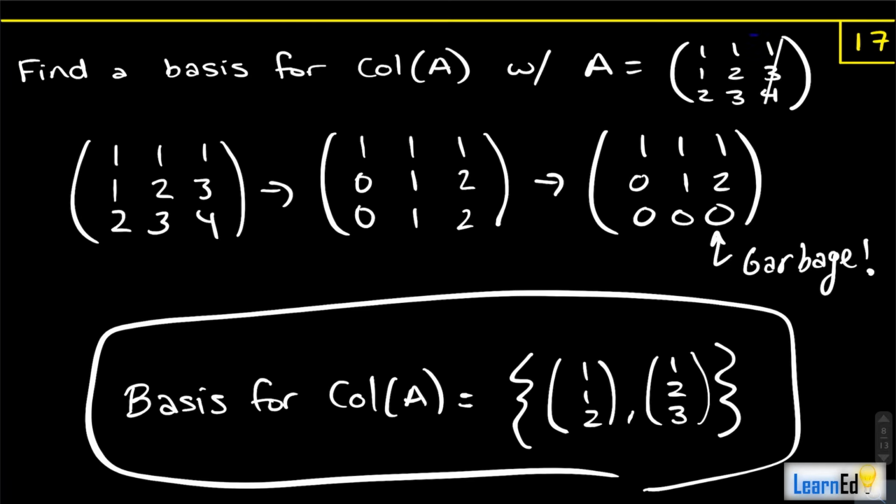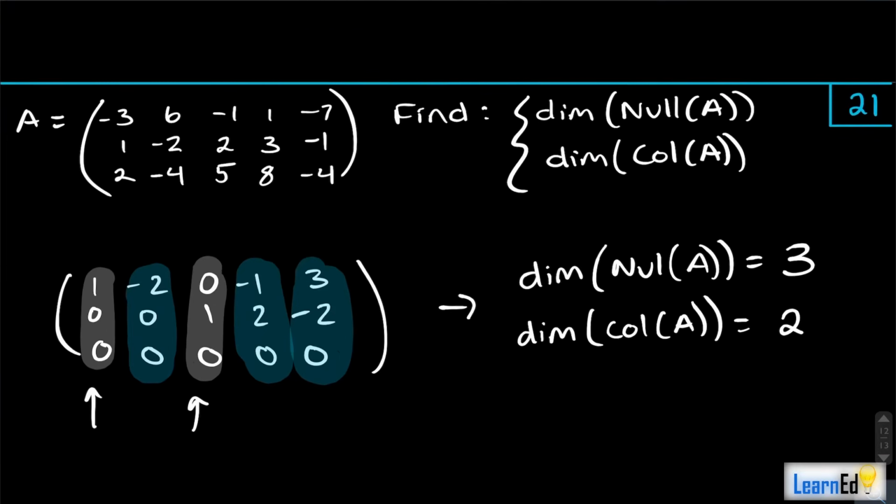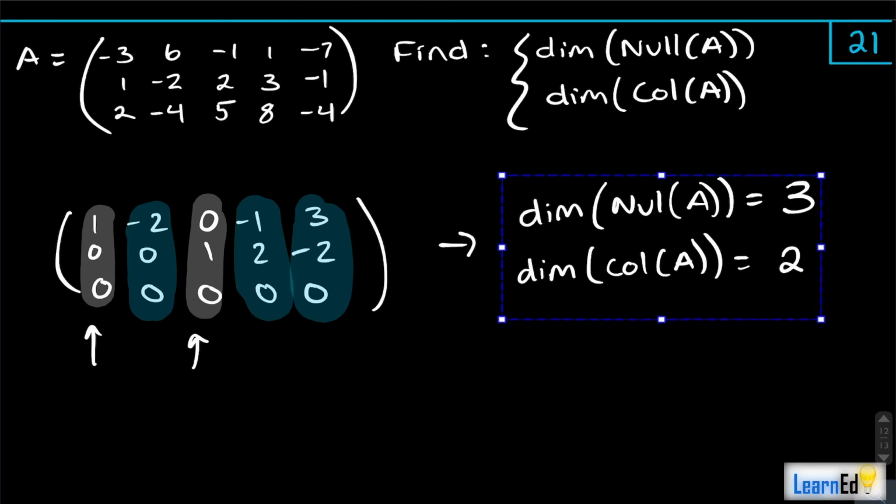The other vector is garbage. And so in this case as well, the dimension of the column space is 2. It's how many vectors are in your basis. That's another way of putting it. So that's how we got this answer here.